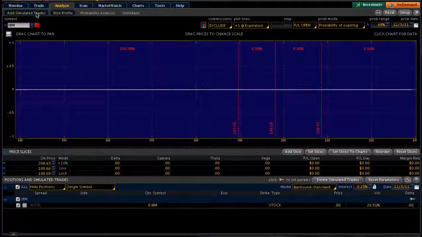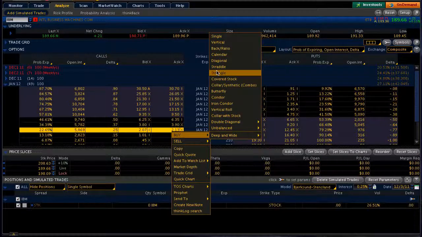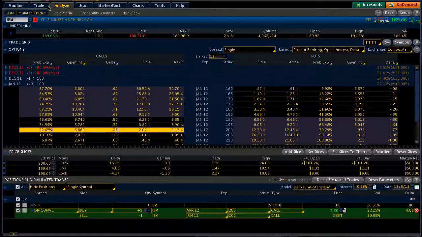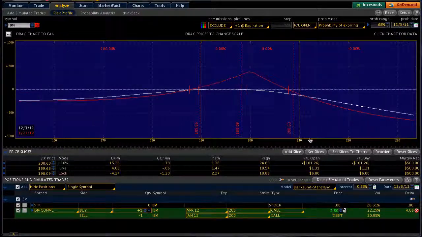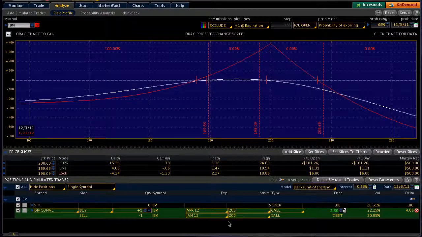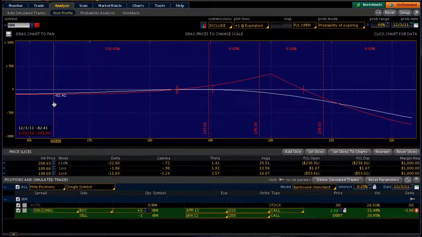So if we go to the risk profile, we go to January, let's say we do 200, so we're going to buy a diagonal. We look at the risk profile, and as you can see right away, it's not looking too good. Even if we go up to 110, you would be losing around $100 if we completely sell off.